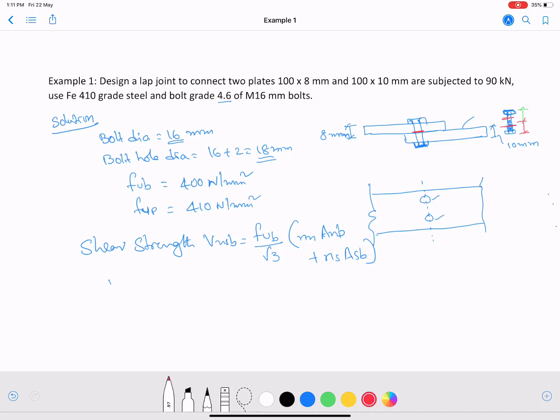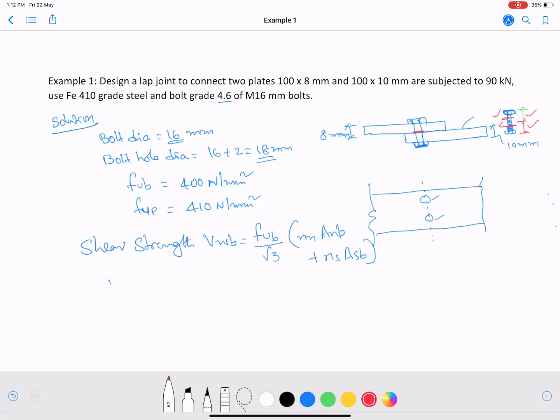It is a bit difficult during the example, but in real-time projects, we have to consider the bolt length, then find out the shank length and the connecting elements, and only then can we find out whether this bolt is going to fail over here or over here.